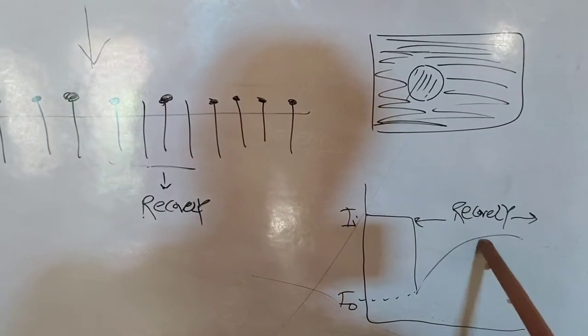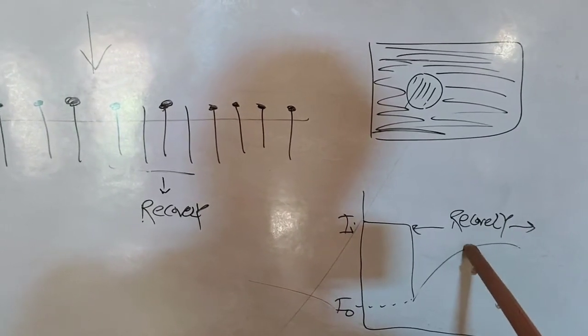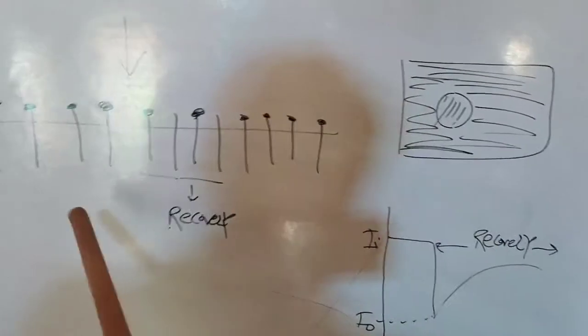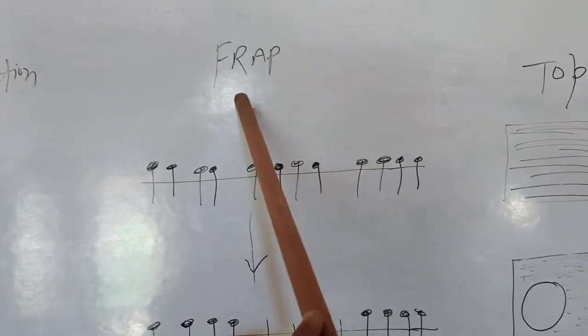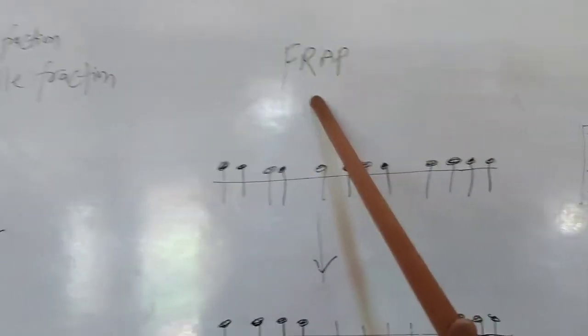It shows that it is the process of simple diffusion. And that's why the fluorescent labeled molecules have come to this area. So this gives a basic idea of protein mobility in the cell or outside of the cell.